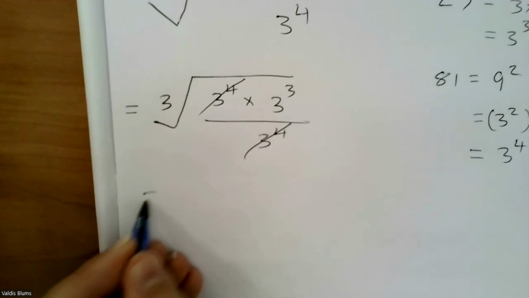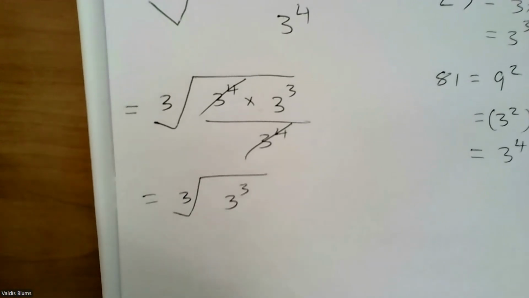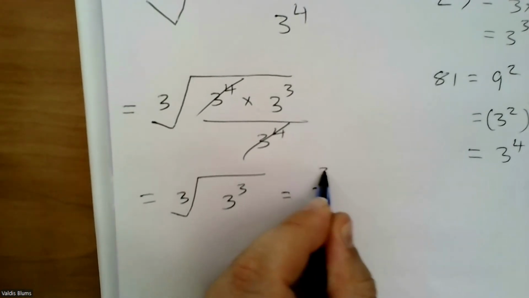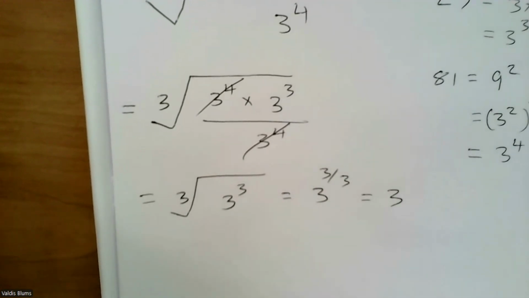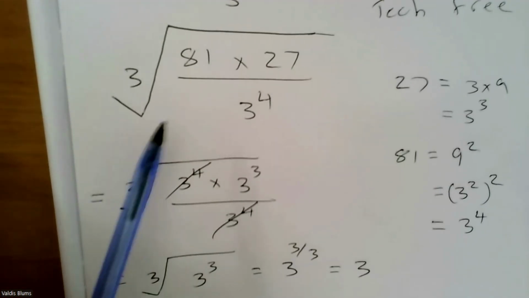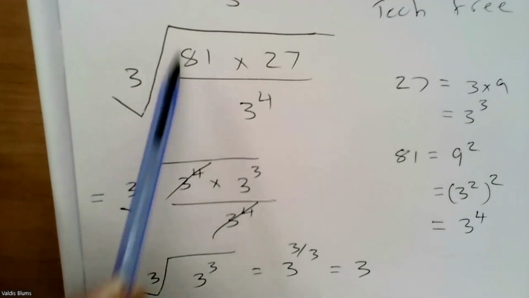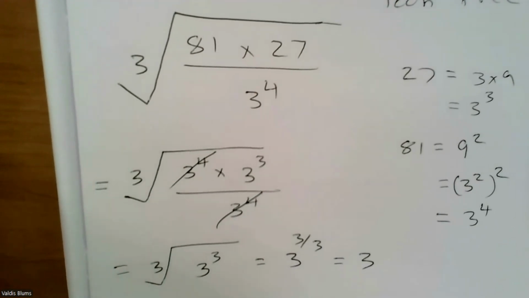So this simplifies down to the cubed root of 3 cubed, which is 3 to the power of 3 over 3, which is just 3. So using just index laws and index notation, we can bring something like this, do it tech-free, this radical sign, down to a whole number.